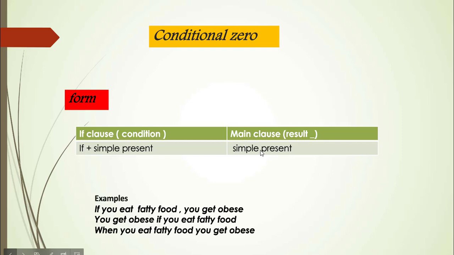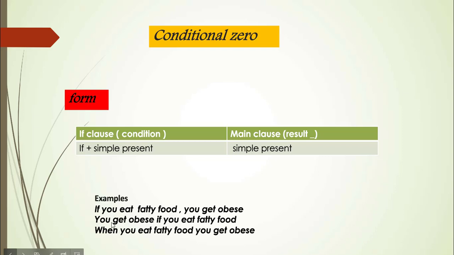Examples: here we have "if you eat fatty food". This is the if clause, and the verb here is eat, which is in simple present. "You get obese" is the main clause, and here we have the verb get, in simple present.